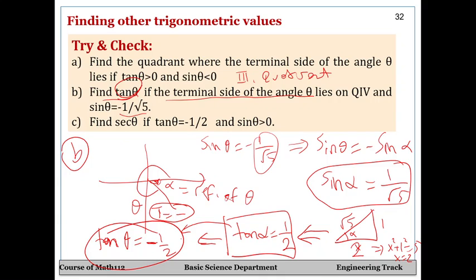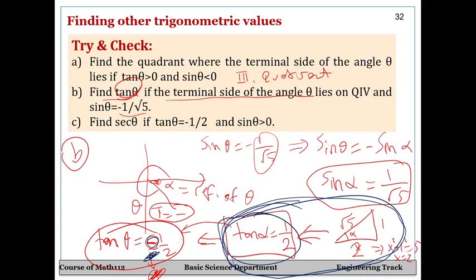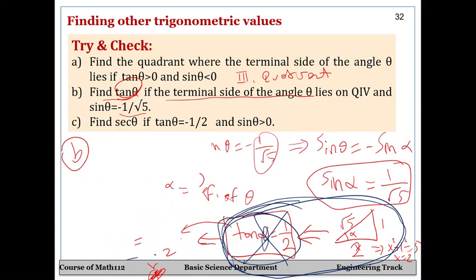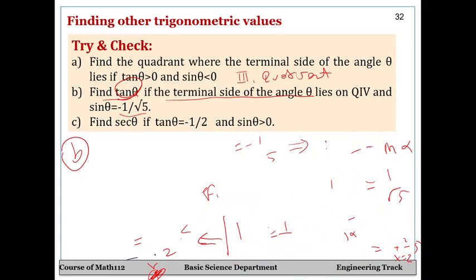Be careful about this part, because most students come to here and forget this one. They write theta here, and this is not true. You have to pay attention to the negative value. So the answer will be minus 1 over 2.